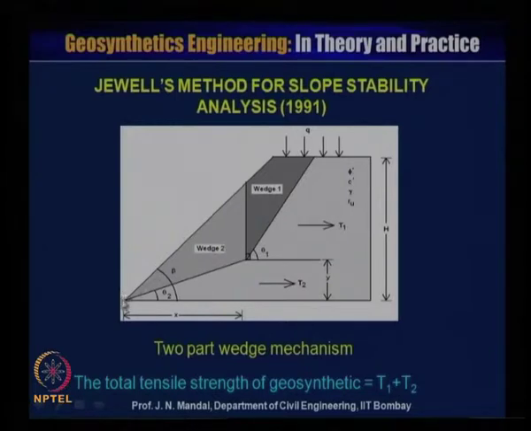Though in the case of the cantilever wall we adopted only a curve or logarithmic spiral as the potential failure surface, in this case, in Jewell's analysis, we have considered the two-wedge mechanism. So, a two-wedge system, and this will be much more applicable for low and medium height reinforced soil walls.